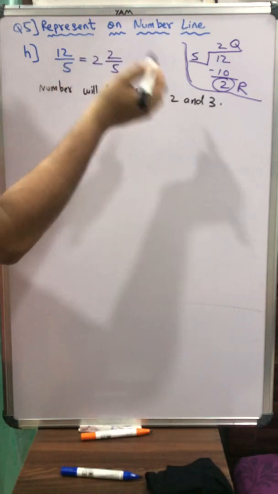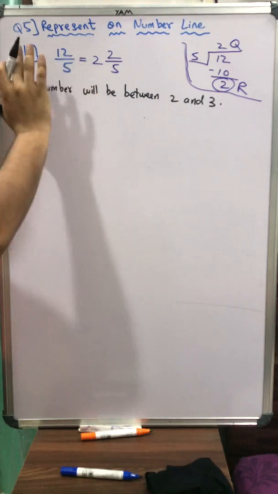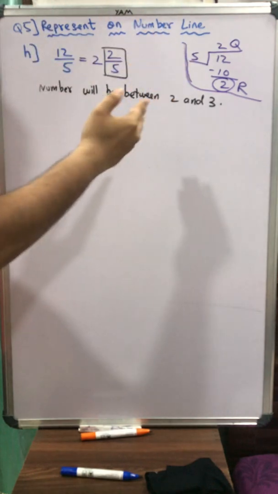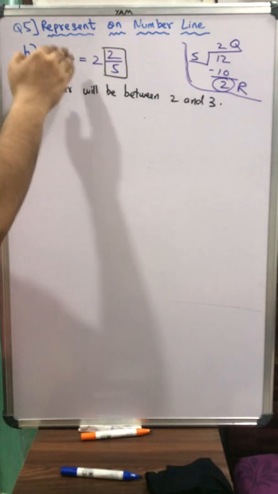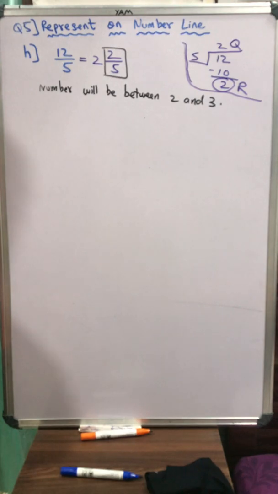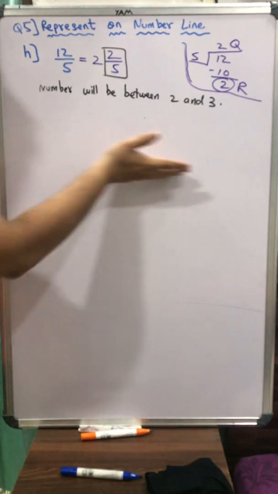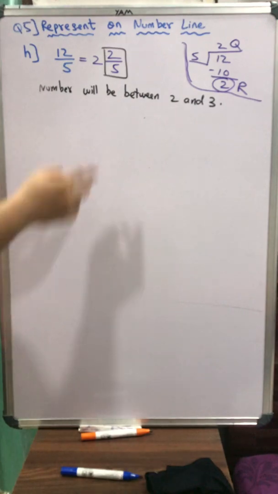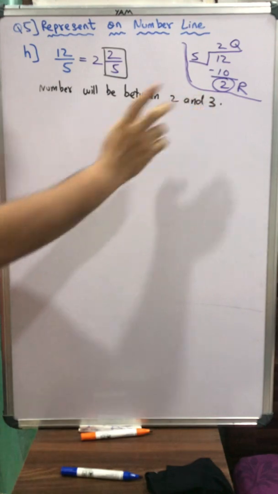See, my number is 2 2/5, that it's 2 complete, 12/5 is complete 2, and additional we have 2/5. मतलब 2 के ऊपर, more than 2, we have 2/5. Okay, so additional to 2, more than 2, we have to add 2/5 part. So it will be between 2 and 3. This is very important. You should know that the number line on which you are plotting the fraction 12/5, ये कौन से दो नंबर के बीच में आएगा. So it is 2 2/5, complete 2 and additional 2/5, so it will be between 2 and 3.